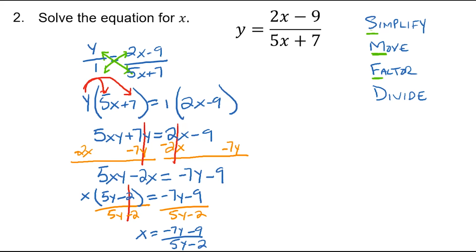To make it a little cleaner, if I was to multiply the right side by negative 1 over negative 1, then I would also get x is equal to 7y plus 9 over negative 5y plus 2.